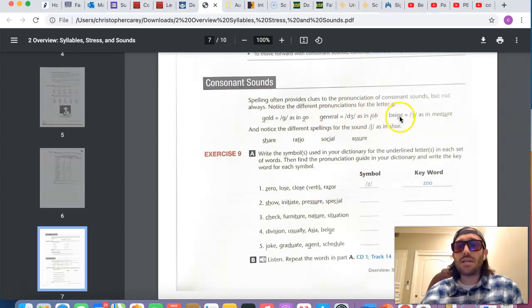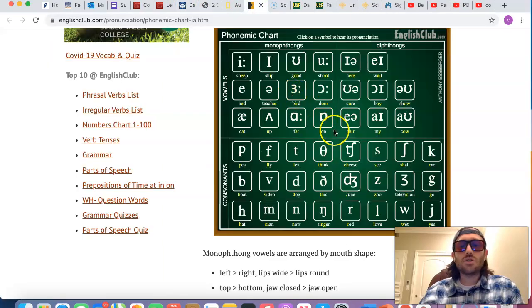And then in beige, at the very end of a word, beige, j, it has the same consonant sound that is used at the very end of the word measure.